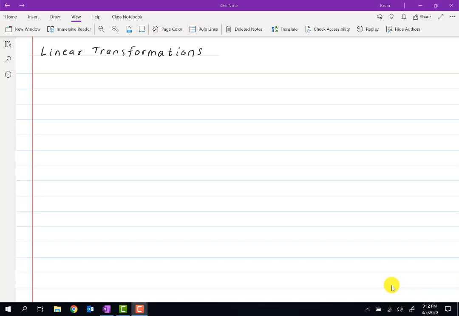This video deals with a special kind of function that we deal with a lot in linear algebra, and it looks like this. Let me start with the definition of what it is. It's called a linear transformation.